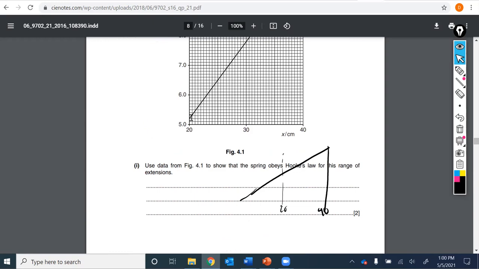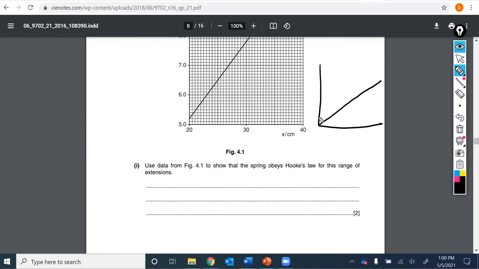So if we imagine this entire graph, like they said, if we extend this down, it's going to cross at 0 here. So we can imagine there's a line like this. With 0 newtons of force, there's 0 centimeters of extension. And eventually, once we get to 5.2 newtons of force, that's where it's showing us 20 centimeters.